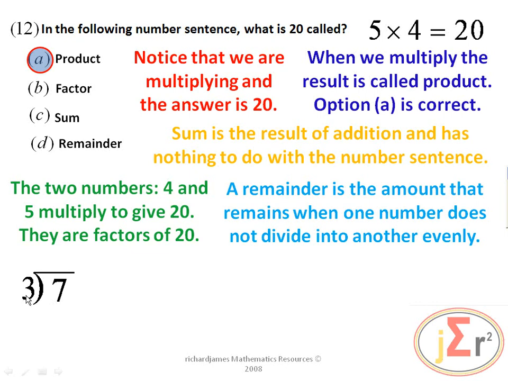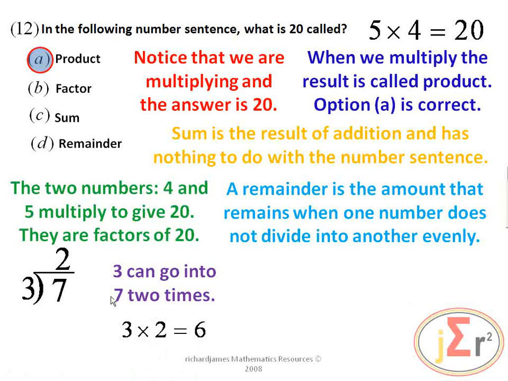So we are sure that it is actually 2 times. So 3 can go into 7 2 times. However, 3 times 2 is what? 6. Because 3 times 2 is not 7. That means there will be a remainder.